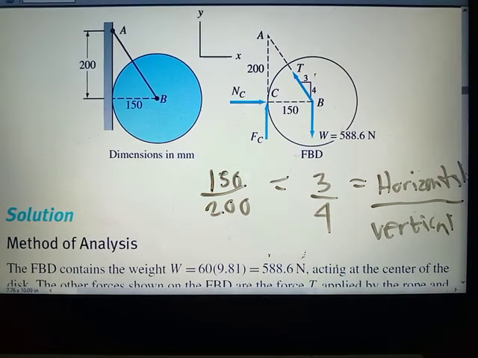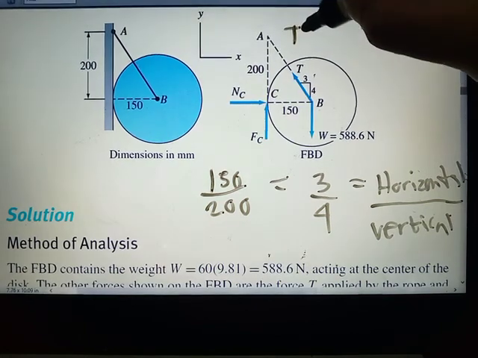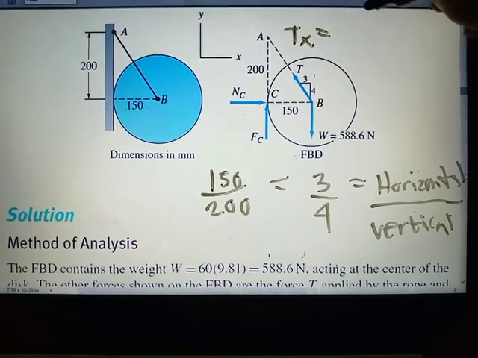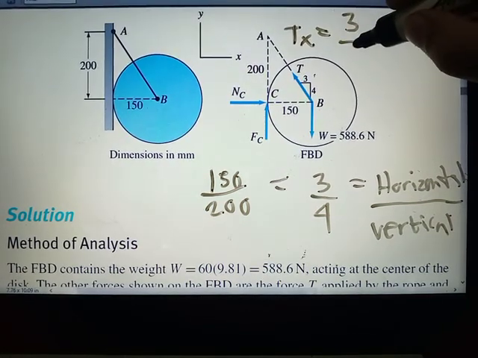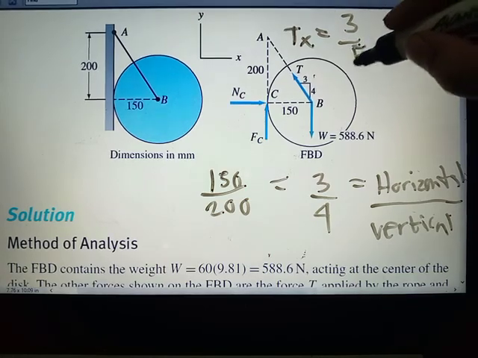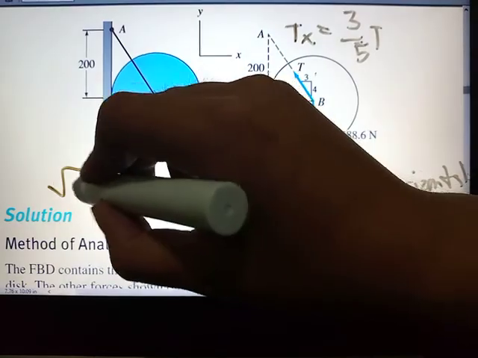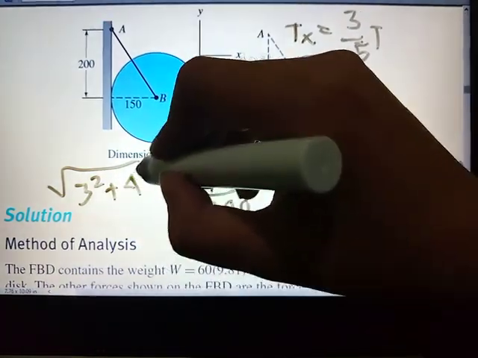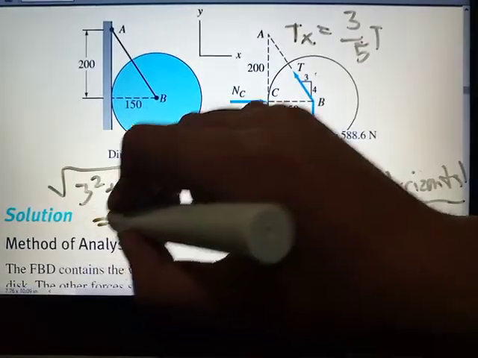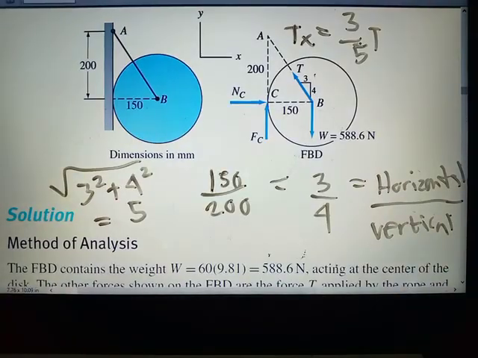So the X component of T is 3/5 T. Why? Because 3 squared plus 4 squared is equal to 5 squared; the square root of 3 squared plus 4 squared is equal to 5.